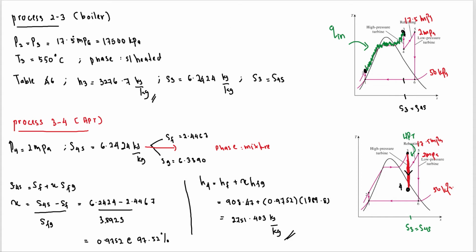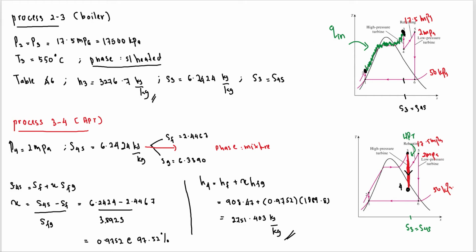At a pressure of 17.5, I convert MPa to kPa, and the temperature is given as 550 degrees Celsius. So I have to find the phase. I check from the table if the pressure is 17.5 MPa and temperature 550 degrees Celsius, the phase will be superheated. So I plot this as superheated.